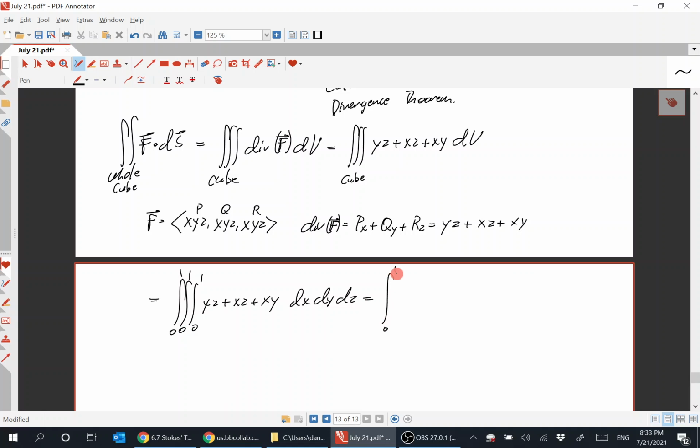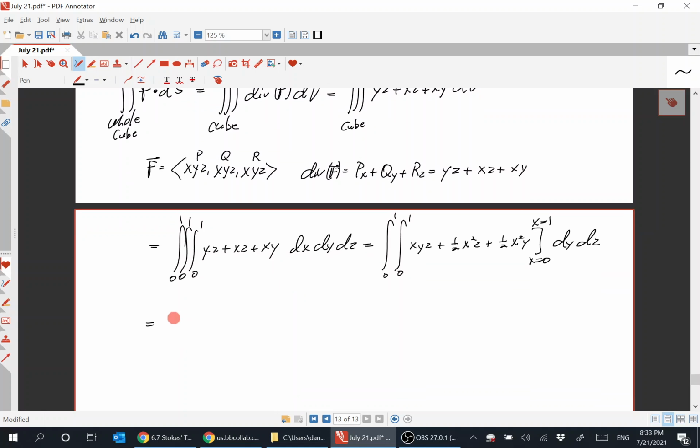So the antiderivative with regard to x is xyz plus 1/2 x squared z plus 1/2 x squared y, x equals 0 to x equals 1, dy, dz. So this is yz plus 1/2 z plus 1/2 y, dy, dz.